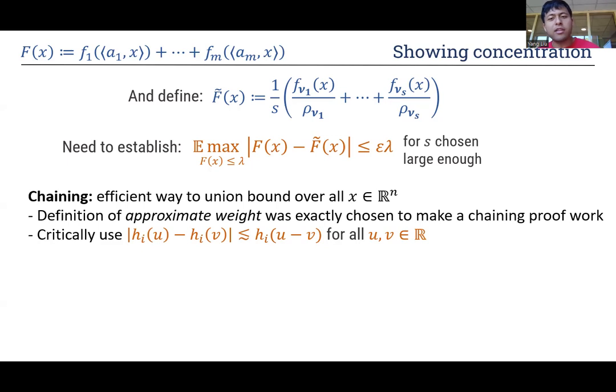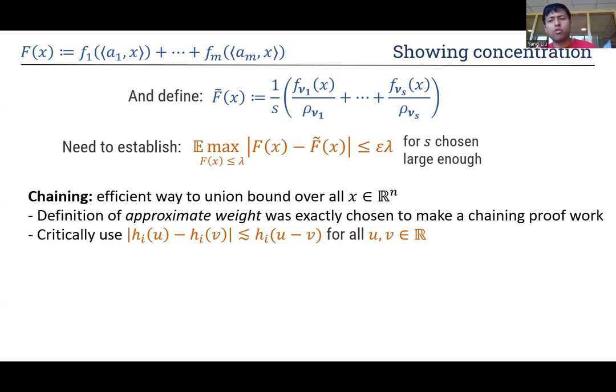So the high level idea behind a chaining proof is first, you want to establish that for these weights that we've chosen, for any fixed x, when you sample by these weights, f(x) is approximately f tilde(x) with high probability. Of course, there are now exponentially many points in R^n, even with an epsilon net, so you can't just naively union bound.